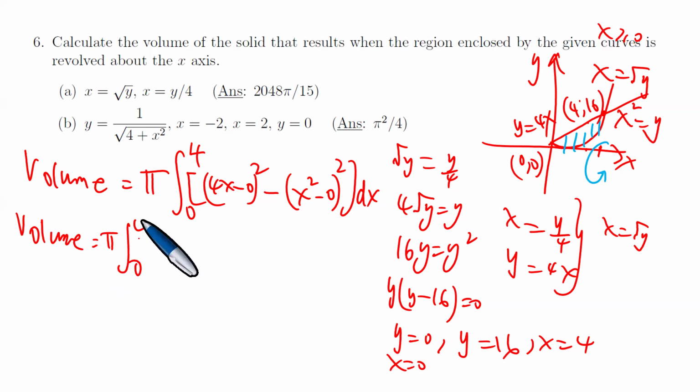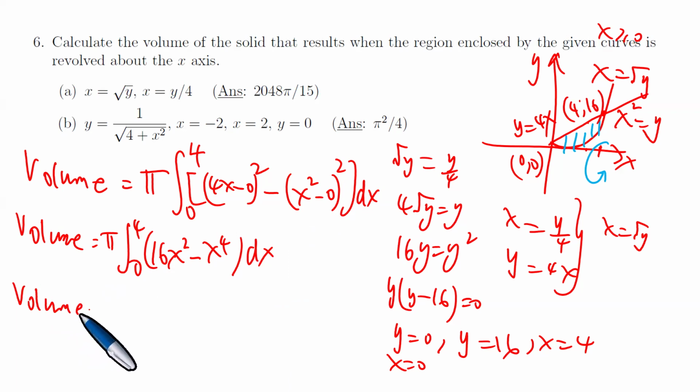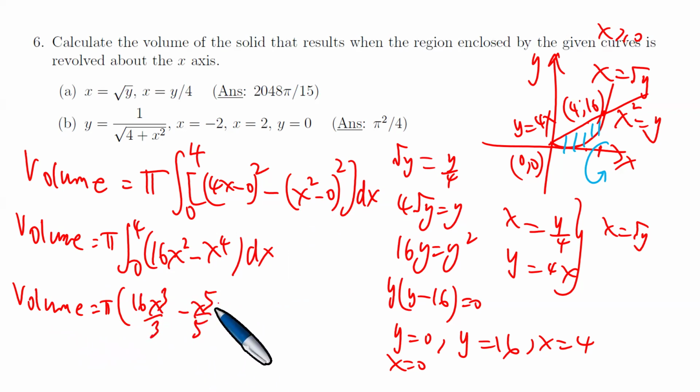Pi, the integral from 0 to 4. You square them: for x, you get 16x squared, minus x to the 4th power, dx, so that the volume is pi times 16x cubed over 3, minus x to the 5th power over 5, from 0 to 4.